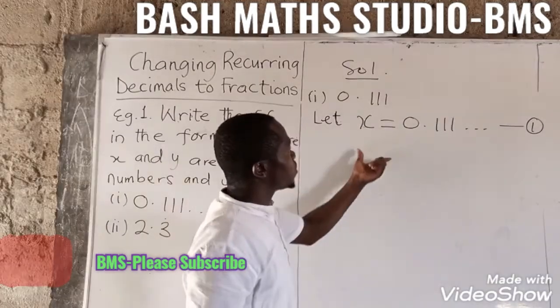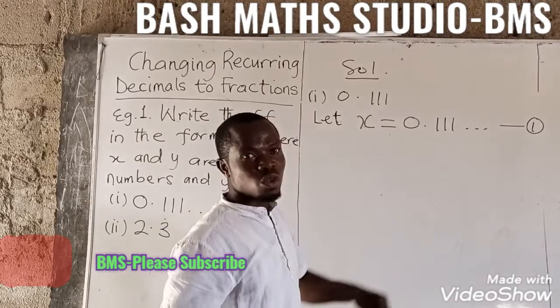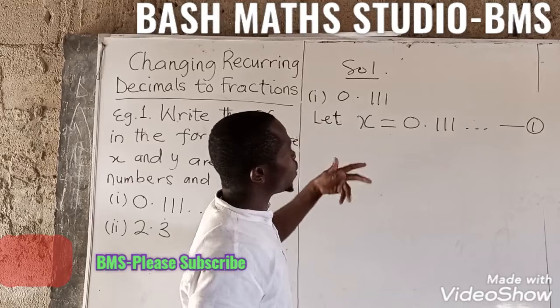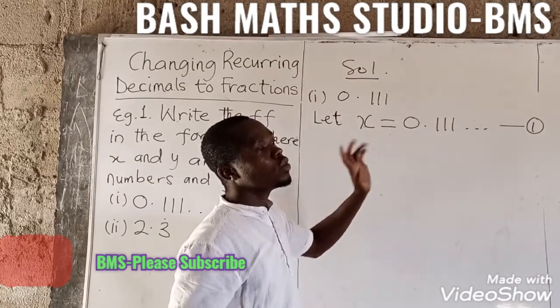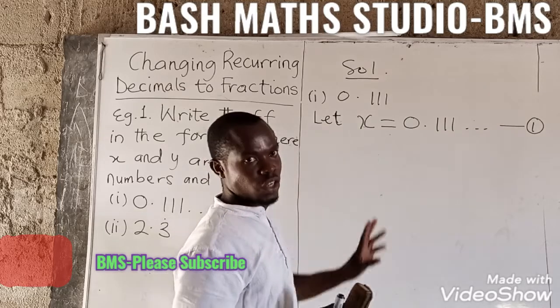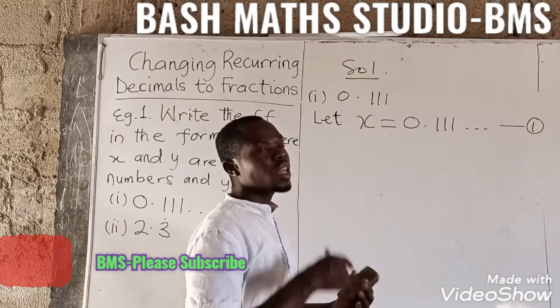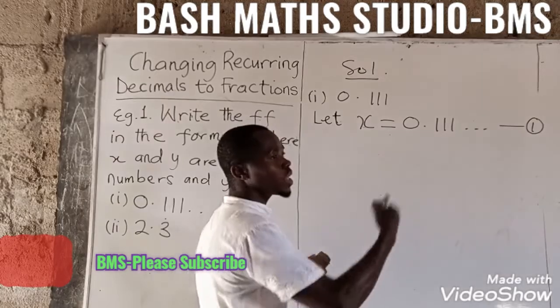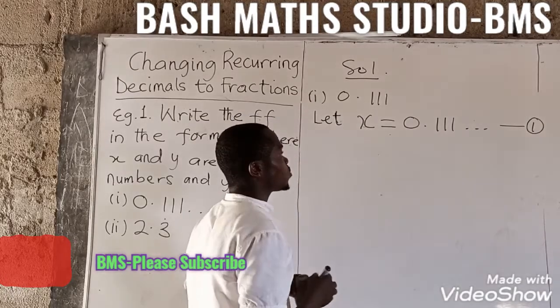Now the same idea, we want to change this one to a fraction. If you are multiplying a decimal by a whole number, you are trying to change it to a fraction, especially if the whole number is a power of 10, like 10, 100, 1,000 and so on, depending on the behavior of the decimal point.